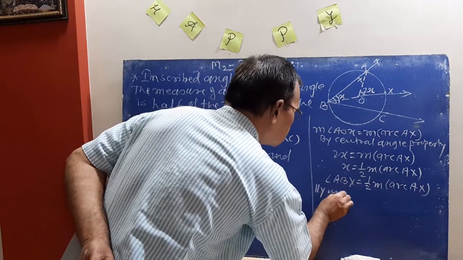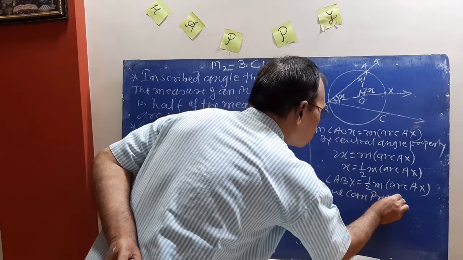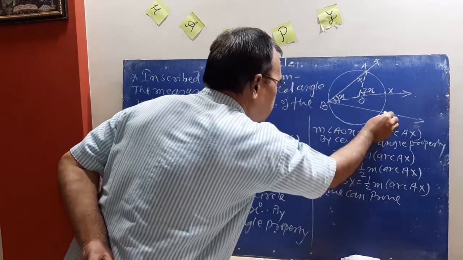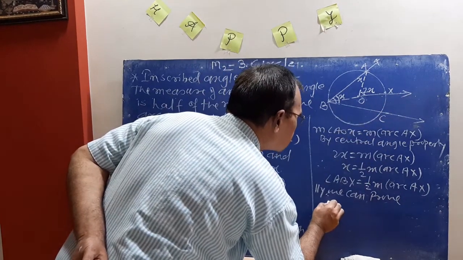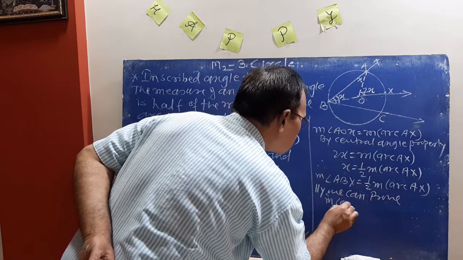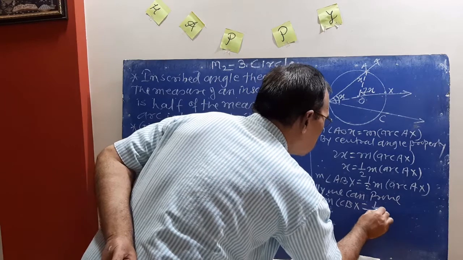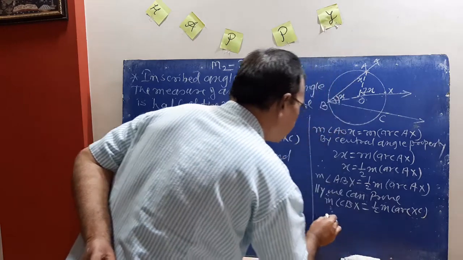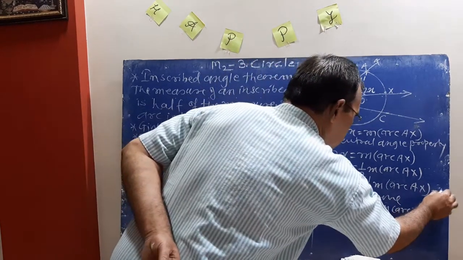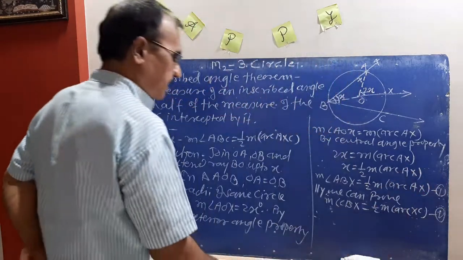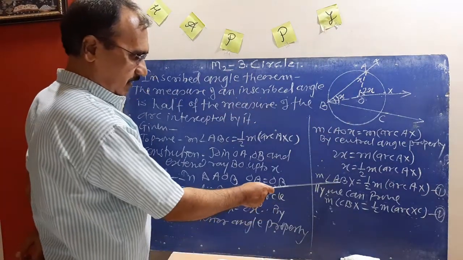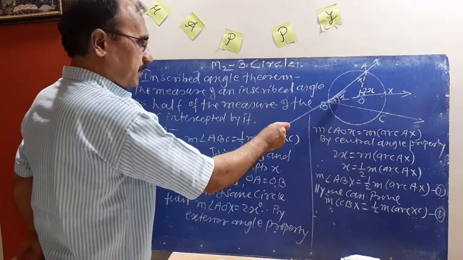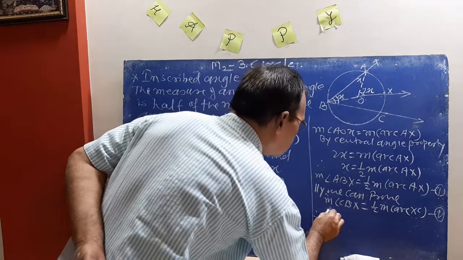Similarly, we can prove measure angle CBX is equal to 1/2 measure arc XC, and therefore suppose this is the first and this is the second equation. If we add these two equations, angle ABX plus angle CBX means this complete angle ABC.